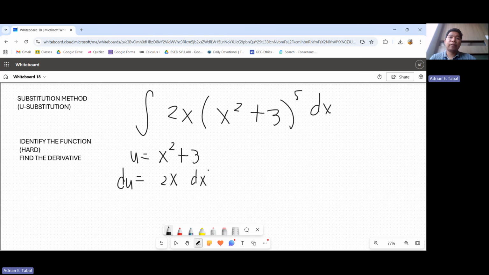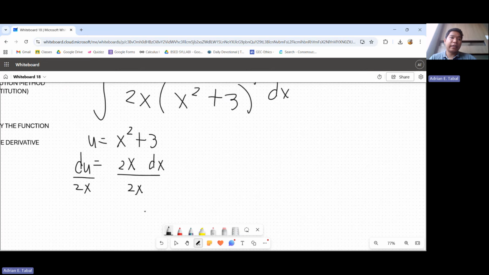After that, we go back to our function, which is 2x times x squared plus 3 raised to 5 dx. Divide both sides by 2x, so we can have the value of dx, which is equivalent to du over 2x.